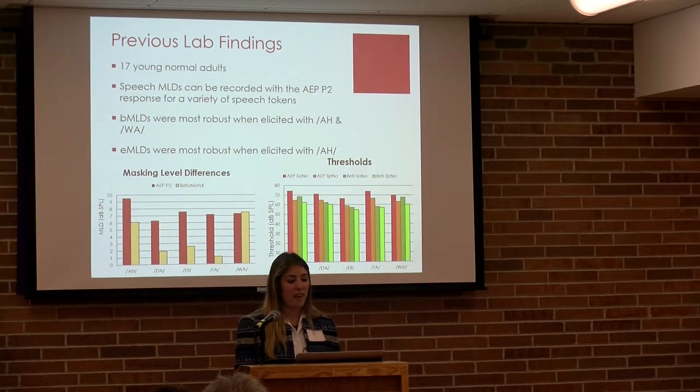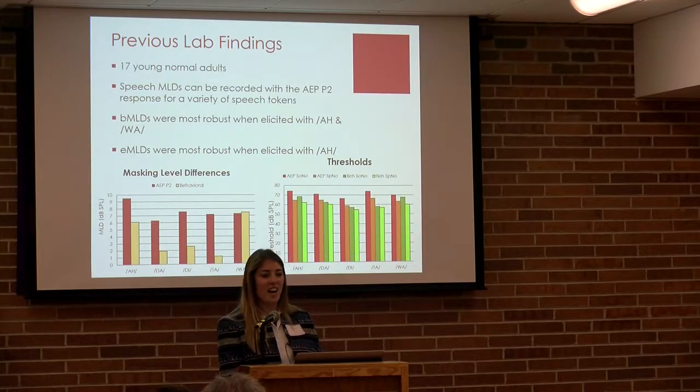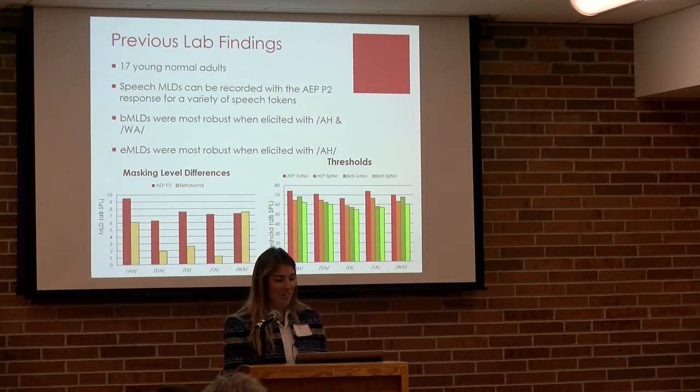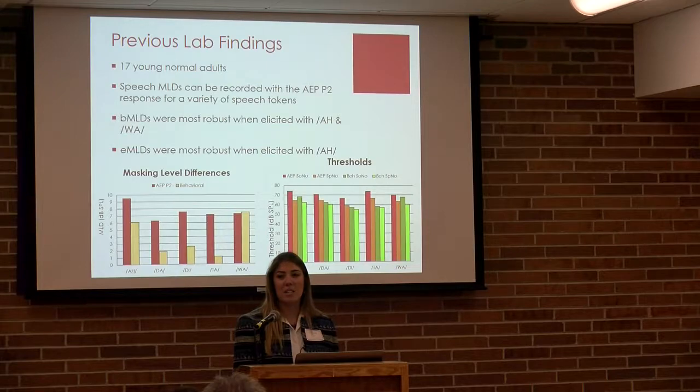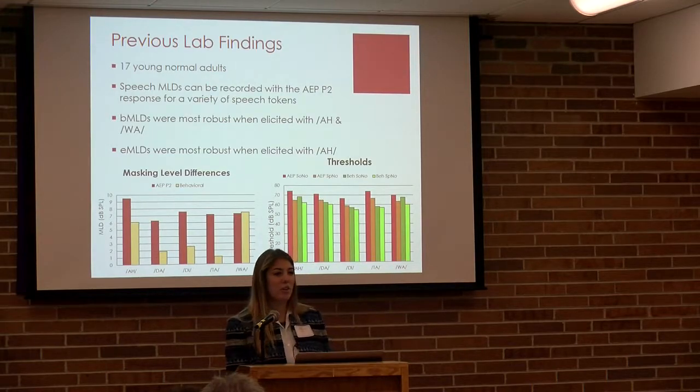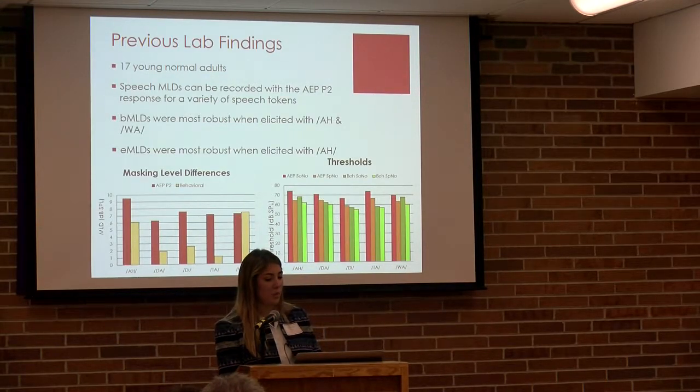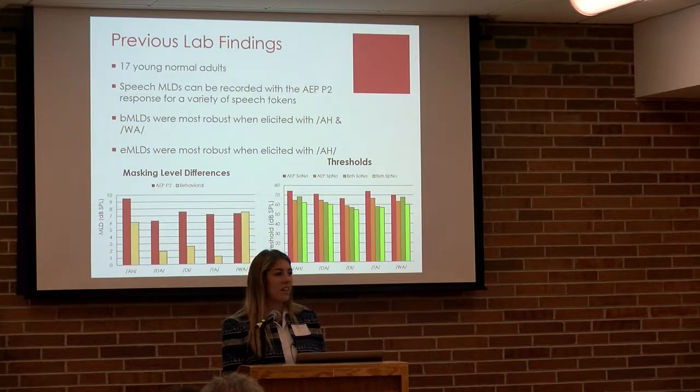So she looked at 5 different speech tokens: ah, da, di, ta, and wa. And she found that it is possible to elicit MLDs through evoked potentials. She found that the behavioral MLDs were more robust with ah and wa, and the electrophysiological MLDs were most robust when elicited with ah.